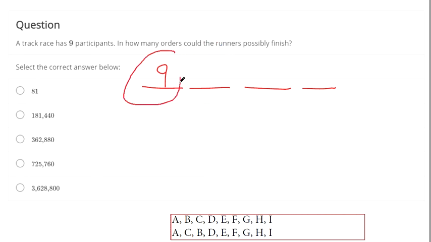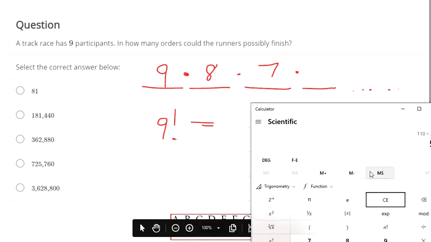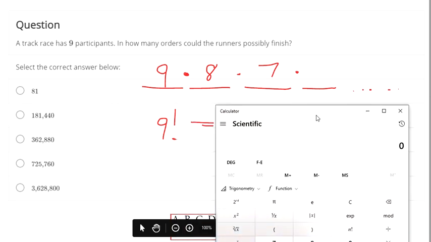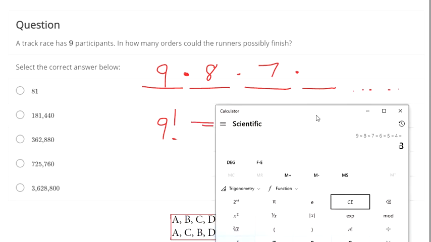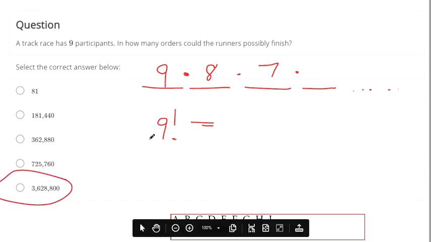Since B has already been chosen, now there's 8 different ways. And let's call this C. Now that B and C have been chosen, now there's 7 different ways. And you can see actually this is just going to be a factorial, right? This is 9 factorial, 9 times 8 times 7 times 6 times 5. And so if you calculate that, 362,880 different ways that those people could finish the race.